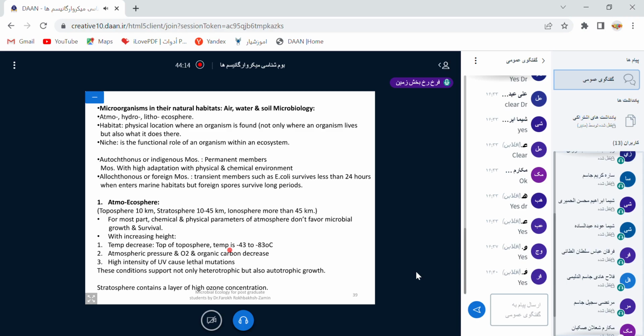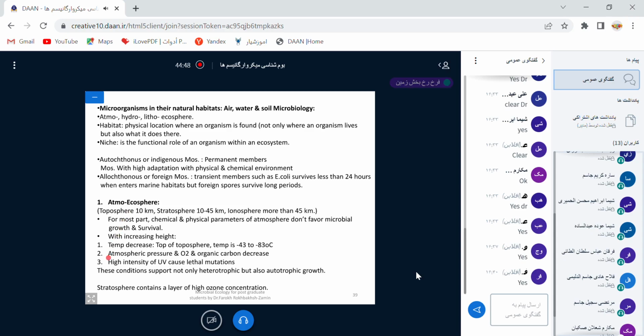So it is so much cold. It is not suitable for any growth of microbes. So when the top of troposphere is minus 40 degrees centigrade, what can we think about stratosphere and ionosphere? So no microbes can live in ionosphere, not in stratosphere, not even on the top of troposphere.